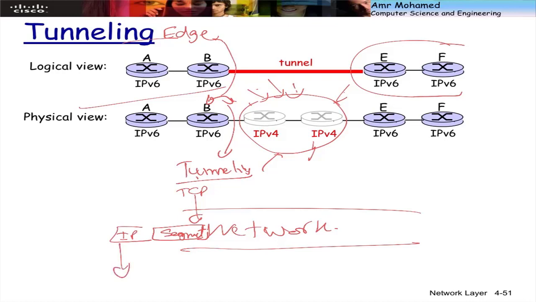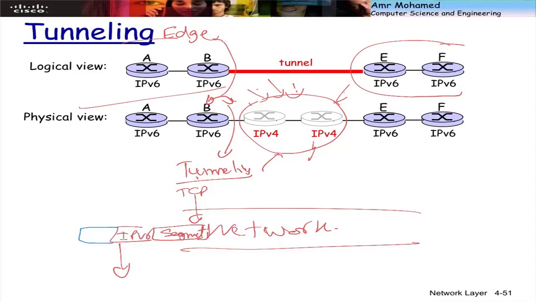لا tunneling قال لك بقى لا, before you send it down you have to perform another encapsulation, okay, at the same layer. Okay, so you have to perform another encapsulation. So this will be IPv6 طبعا.